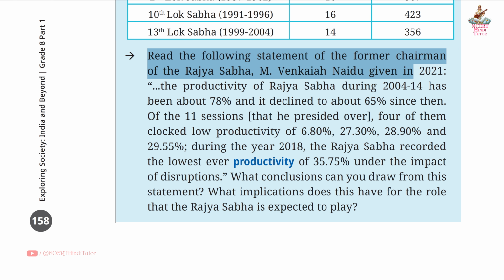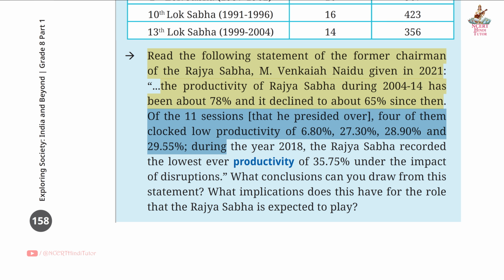Second, read the following statement of the former chairman of the Rajya Sabha, M. Venkaiah Naidu, given in 2021. The productivity of Rajya Sabha during 2004 to 14 has been about 78%, and it declined to about 65% since then. Of the 11 sessions that he presided over, 4 of them clocked low productivity of 6.80%, 27.30%, 28.90%, and 29.55%.